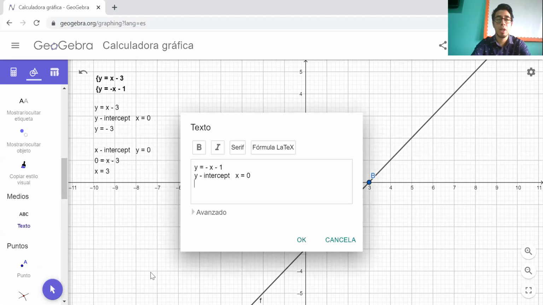Then we replace in the equation. y is equal to negative x minus 1, so y is equal to 0 minus 1. This means that y is going to be negative 1 when x is equal to 0.